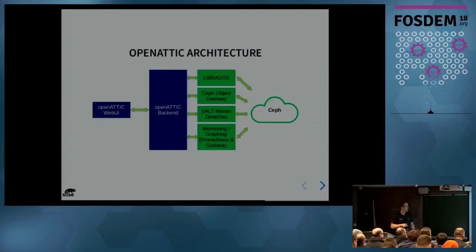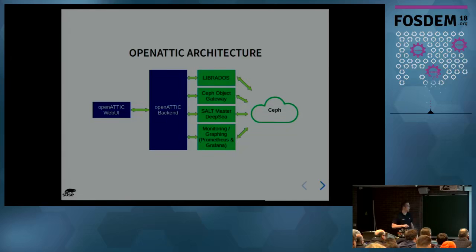Just a little bit about the architecture, how it looks. From a web UI perspective, if a user opens the web UI, it directly talks to the openATTIC backend. This is completely written in Python. And then we have different ways to get the data out of the Ceph cluster. First of all, as you have seen in the Ceph stack at the beginning, we are using librados to gather some data from Ceph directly.